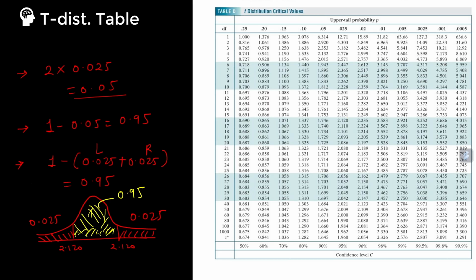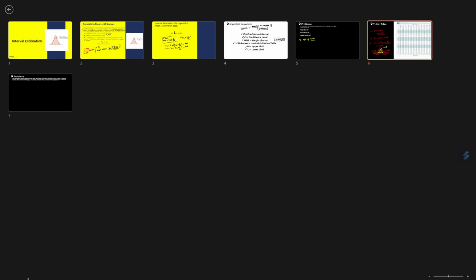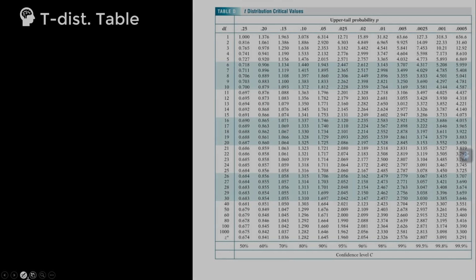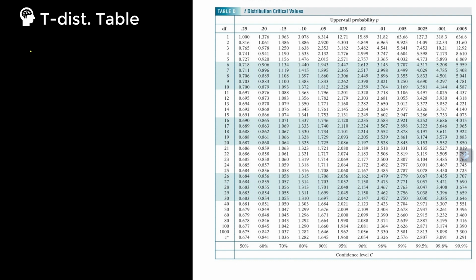Okay, so we wanted to see degrees of freedom our 64, and we had T as 0.05. So as in this table 64 is not given to me. So for example, just for your understanding, I'm taking 60 as our degrees of freedom.